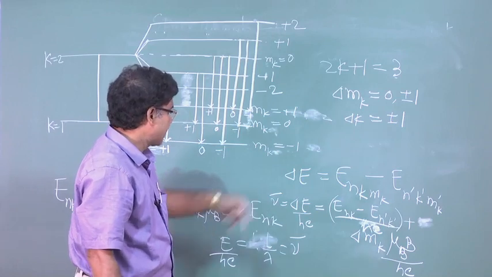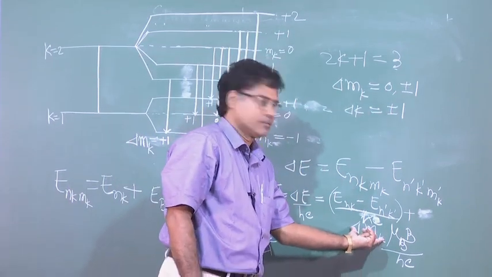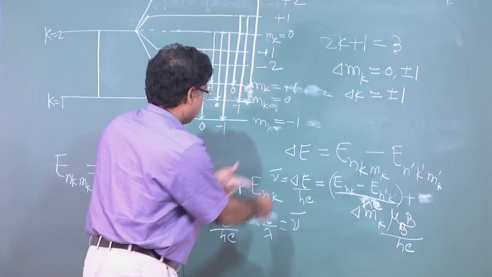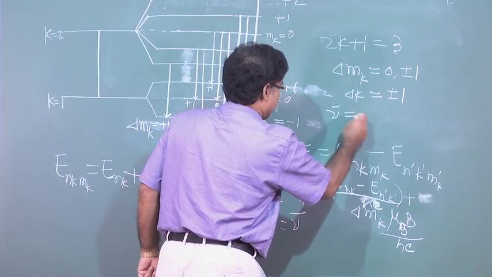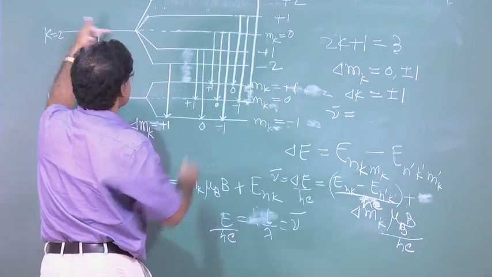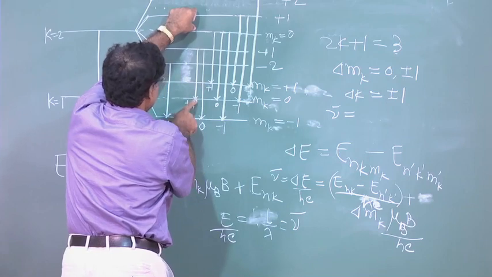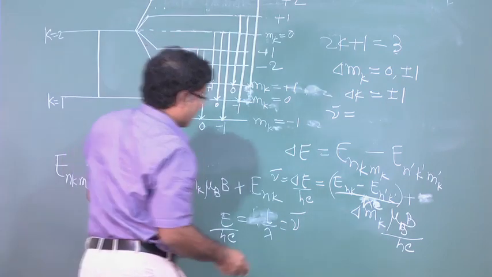Now, the spectral lines, how many will I get? Because this is the selection rule, delta m k is 0, then nu bar I will get the original one.